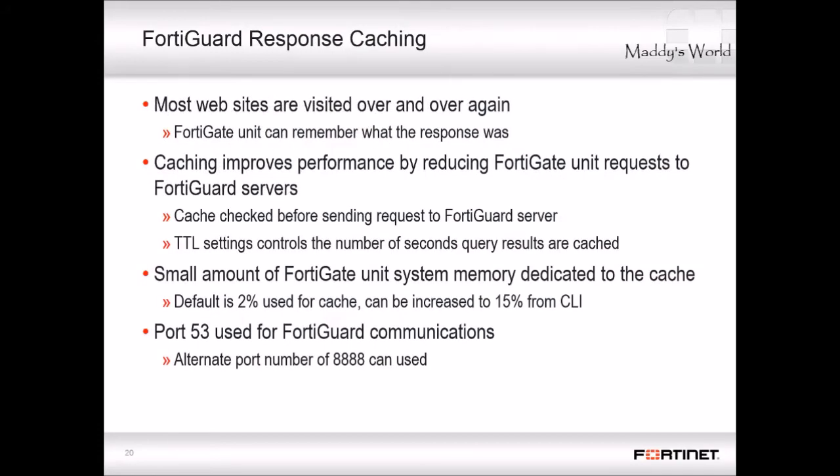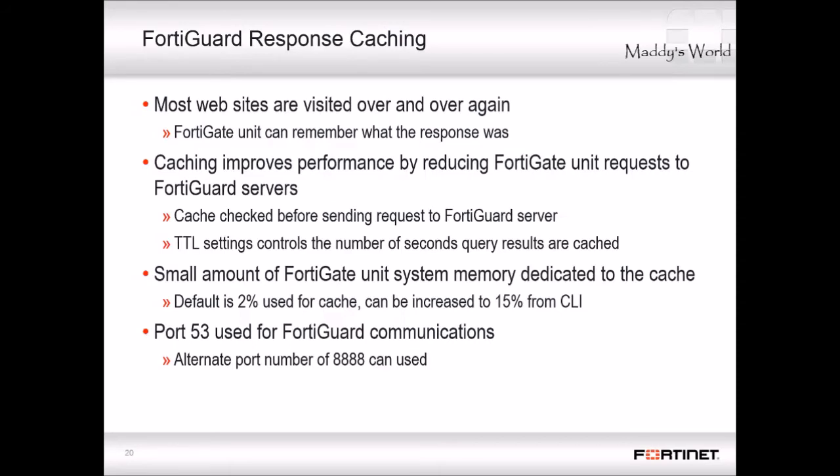The Fortigate unit can maintain a list of recent website rating responses in memory, so if the URL is one that the device already knows about, it will not have to send back a rating request. 2 ports are available for the unit to query FortiGuard with: port 53 and port 8888.